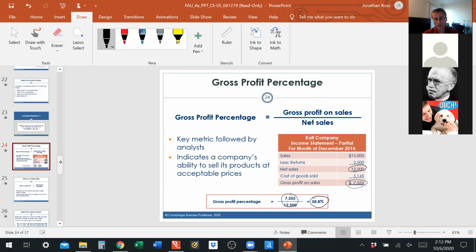You want your gross profit percentage to be as high as possible. Obviously, it cannot be more than 1, right? Gross profit can't be greater than net sales. The maximum gross profit would be net sales, and that's only if cost of goods sold is 0, which is not likely.